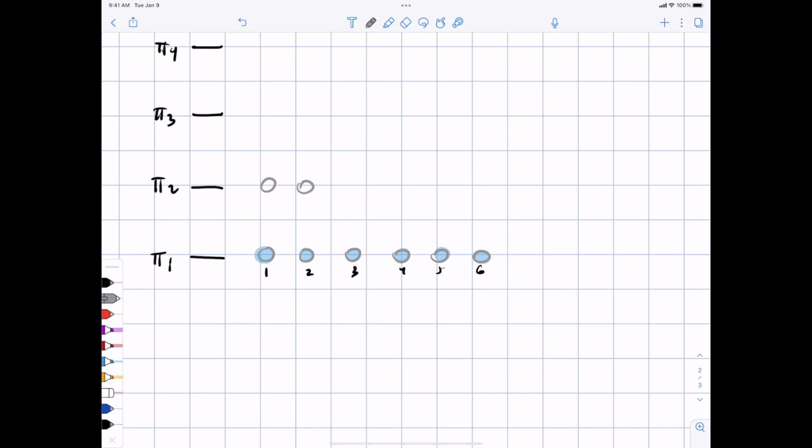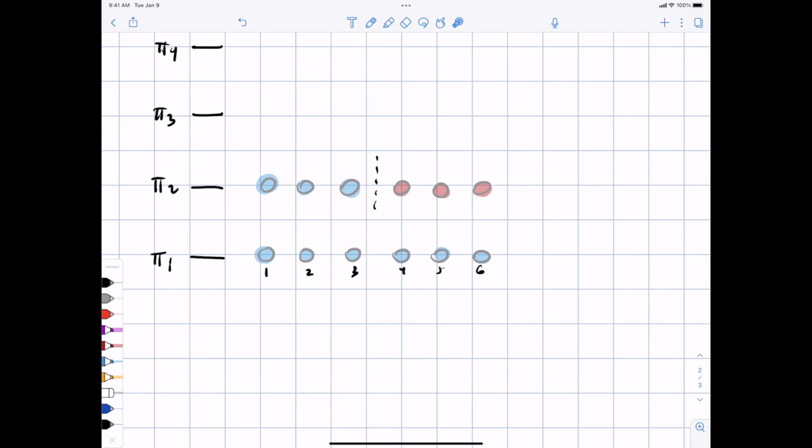The next one is going to be a combination that has only one node, and this node is going to be between atoms 3 and 4, such that there's a change in wave function sign as you go from atom 3 to atom 4.